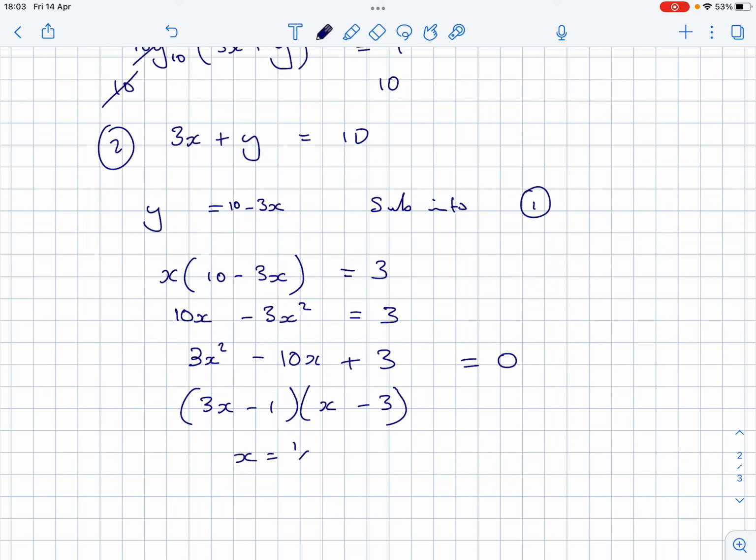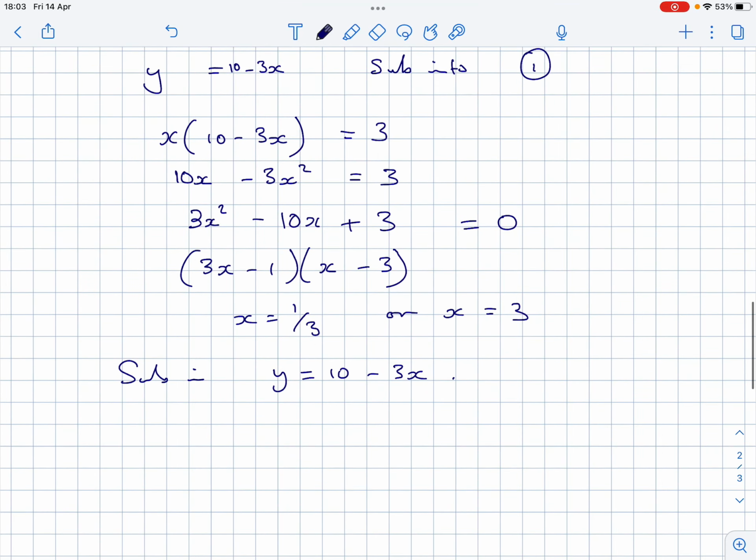So my x values are 1/3 or 3, and I can substitute that back into y equals 10 minus 3x. So when x equals a third, y is going to be equal to 9, and when x equals 3, we get y equals 1.